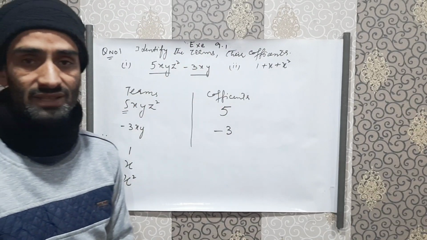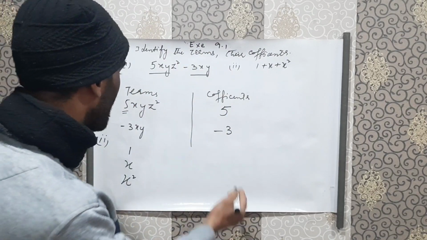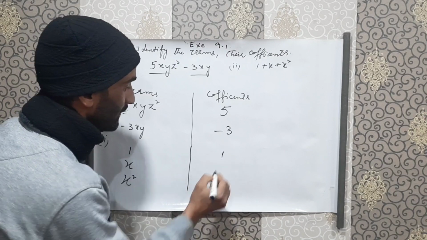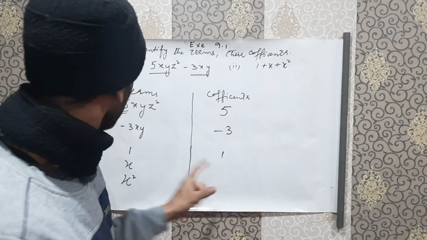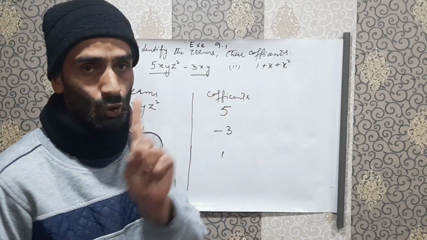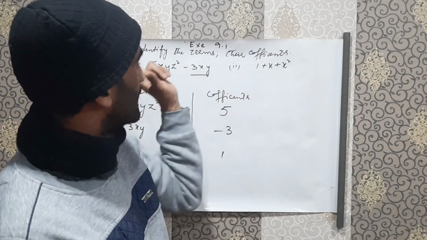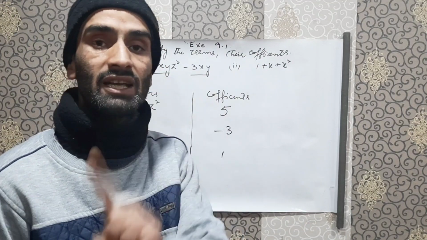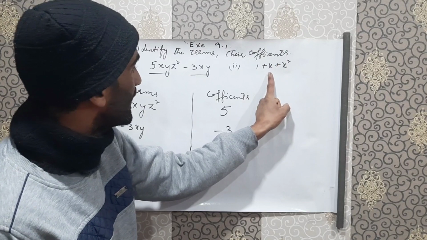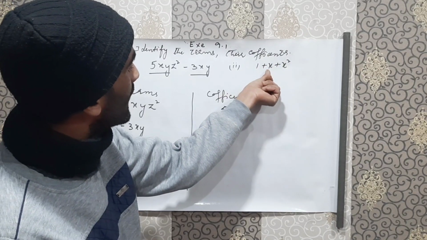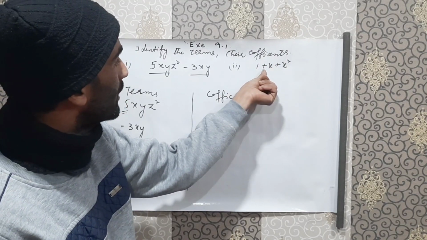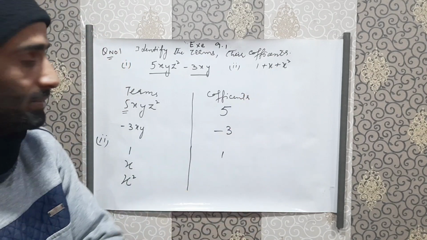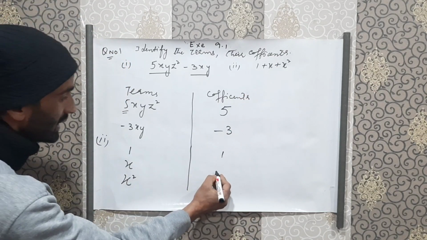So 1 is a constant, it is without a variable, so we can write it directly as 1 in the coefficient column. Clear? But for the second one, you can see here there is only x. There isn't any number. But when there is a lone variable, it means the variable is multiplied by 1. We know that when there isn't any other number with the variable, at that time there will be 1. So we will write 1.